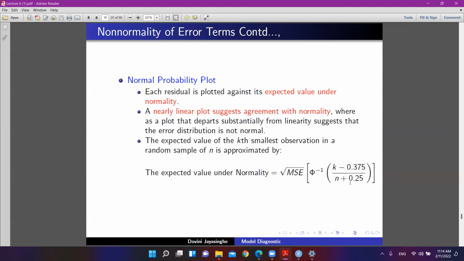You go to the statistical table, the standard normal distribution table. You find this probability value, and you read the Z value, and that particular Z value comes here. That is the idea. Okay. You're getting a probability value here, and you're reading the corresponding quantile value.